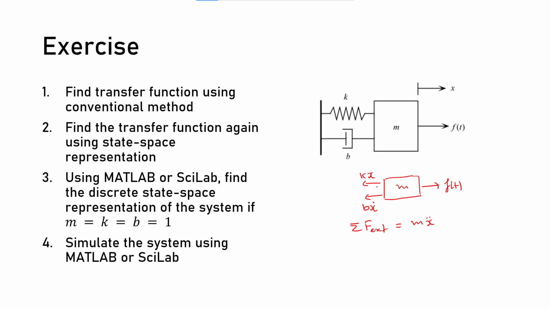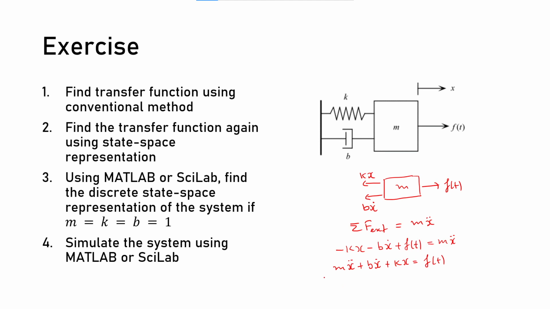Because the directions of k h and b h dot are opposite to the direction of h, we use minus k h minus b h dot plus f of t equal to m h double dot. So we have m h double dot plus b h dot plus k h equal to f of t.